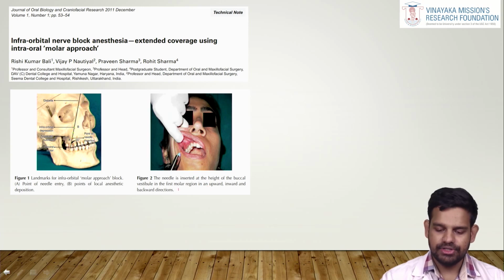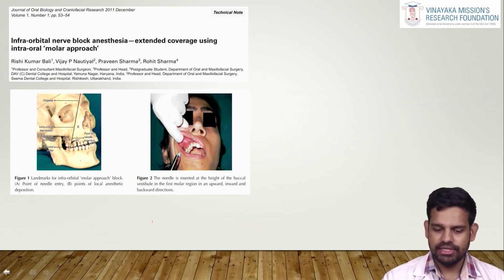As you can see in this picture, the needle is inserted at the height of the buccal vestibule in the first molar region in an upward, inward and backward direction. The classical technique is injecting the needle between the canine and first premolar.